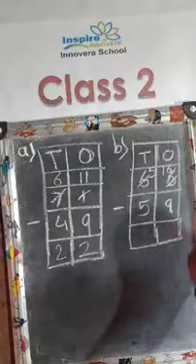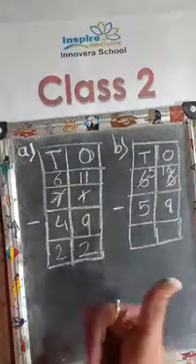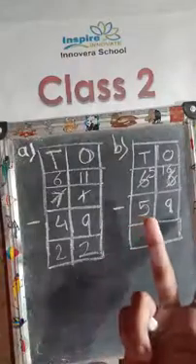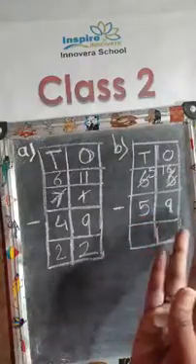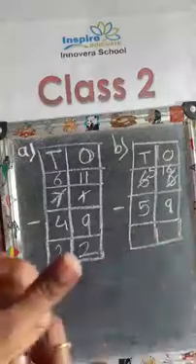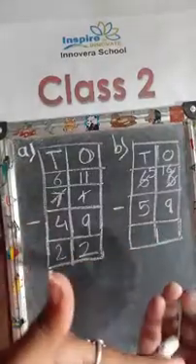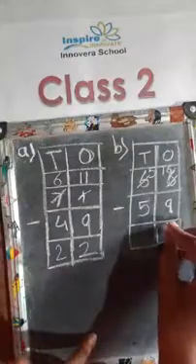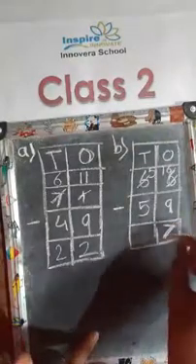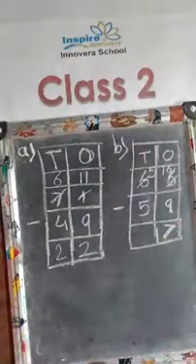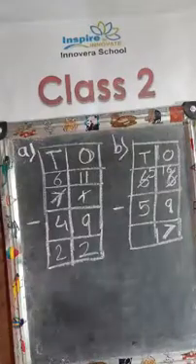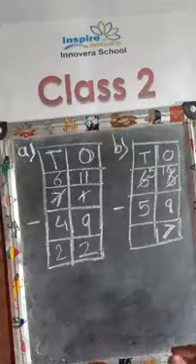So start counting. After 9, 10, 11, 12, 13, 14, 15 and 16. So what answer have we got over here? 7. We got 7 in the ones column. 16 minus 9 is equal to 7.